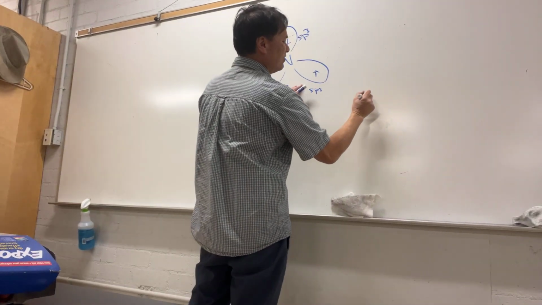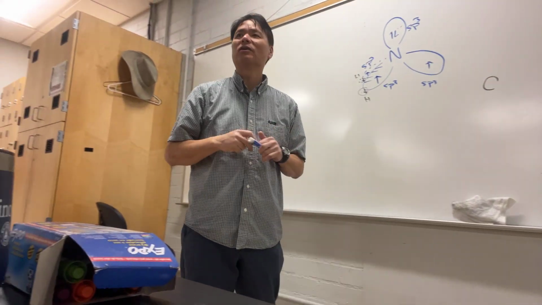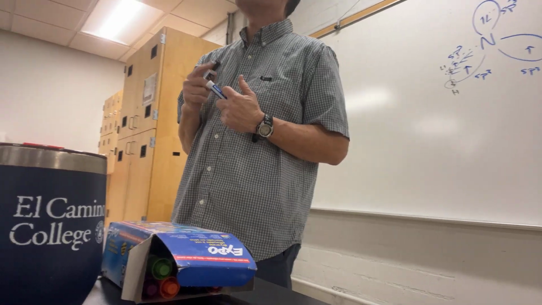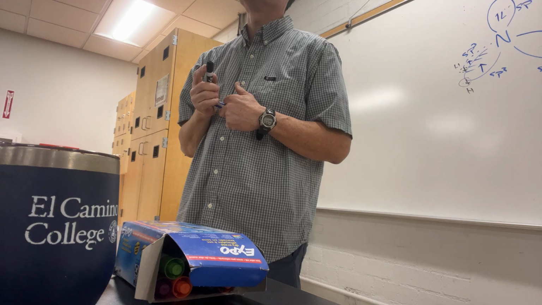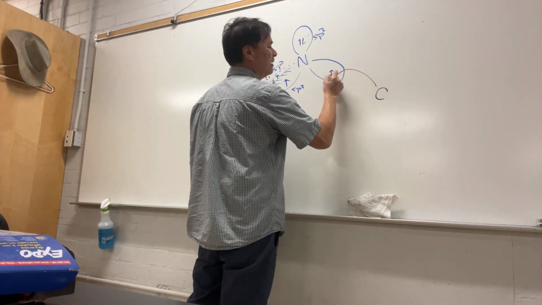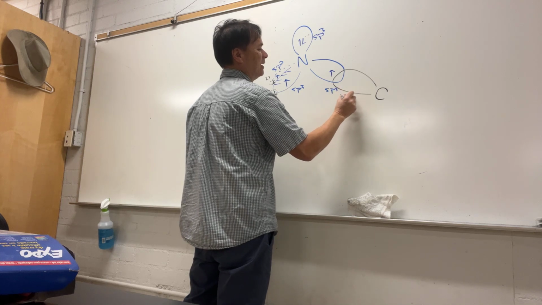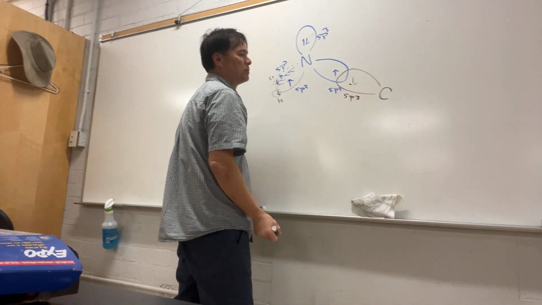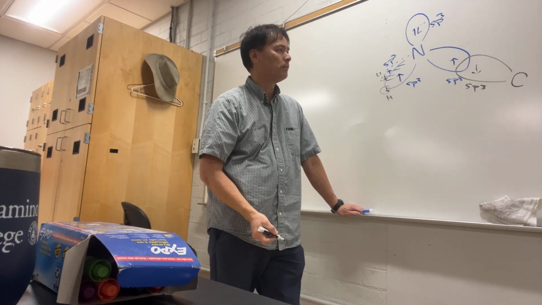I'll just make this one black. What has bigger orbitals, nitrogen or carbon? Carbon has bigger orbitals? Yeah, carbon has bigger orbitals, so let's make it bigger. Try to, not that much bigger. Carbon I'll have to do spin down, since I did nitrogen spin up, but doesn't matter.